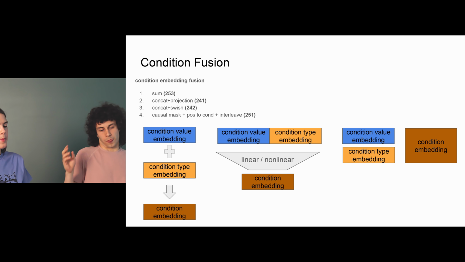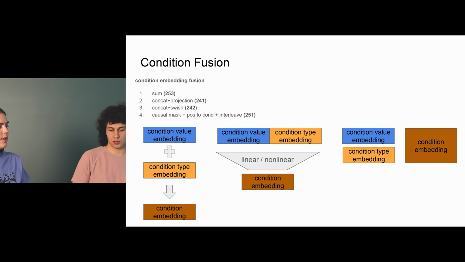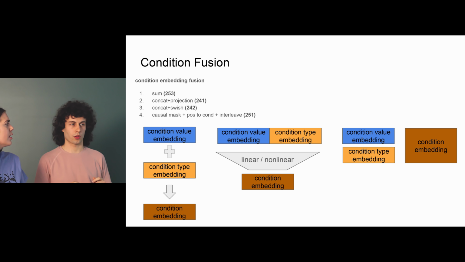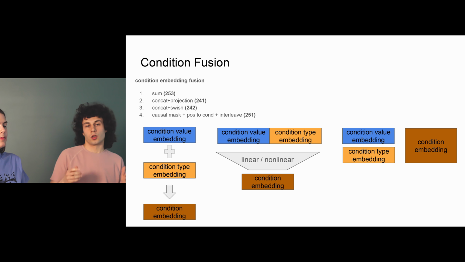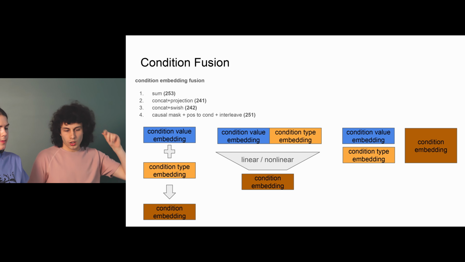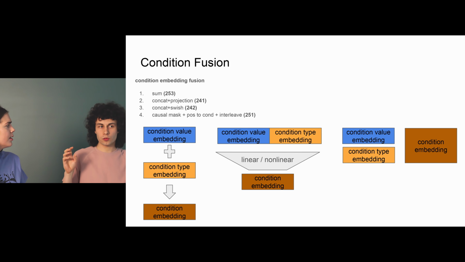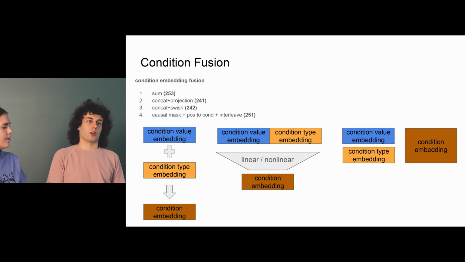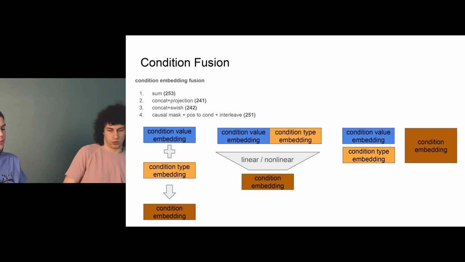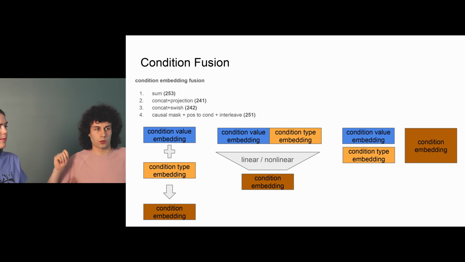So as Asha said, we are dealing with numerical conditions. So these are just scalars. We have several of them, and we have to input them to the transformer model somehow. And we typically have some type of condition, for instance, the molecular weight of a molecule and a specific value for this condition.